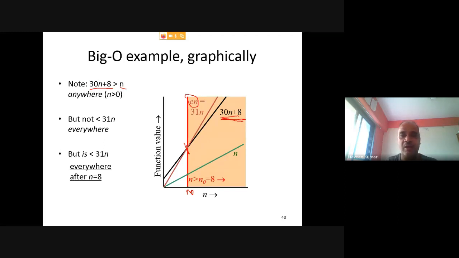The condition is n should be greater than n0. For this condition and c equal to 31, c into gn will always be greater than fn. That is what big O notation says. So pictorially we are verifying that.